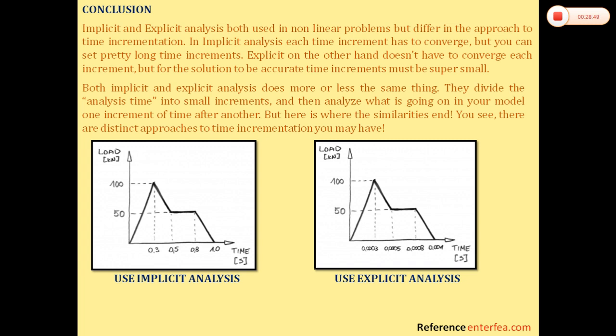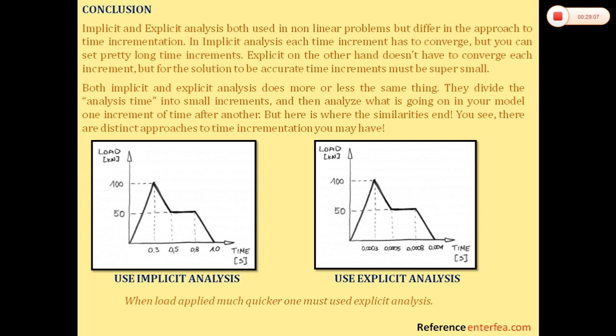So basically explicit dynamics is used for very fast events, where the load acts very fast and acceleration is very high. So when the load is applied much quicker, one must use explicit dynamics.